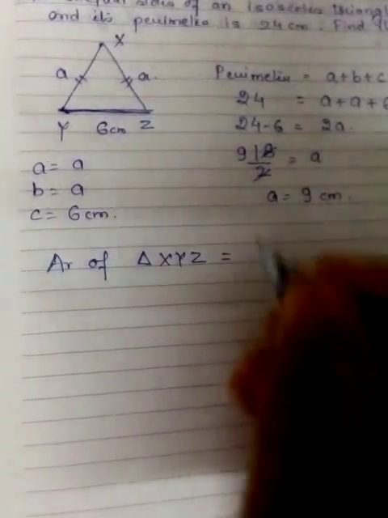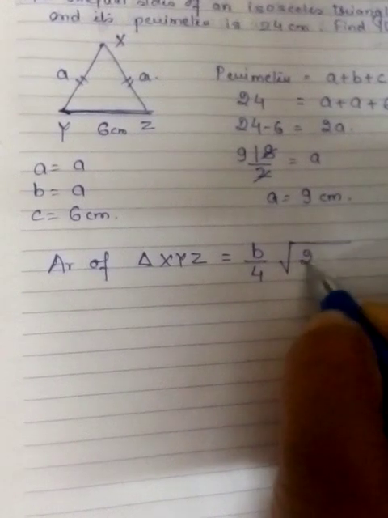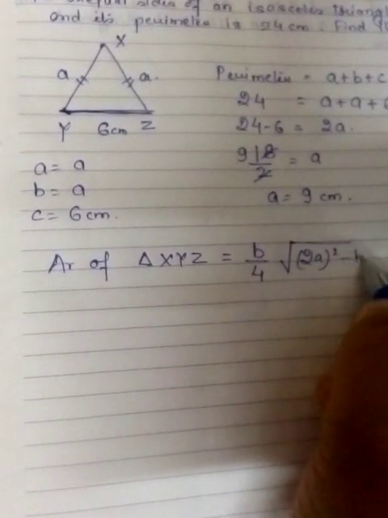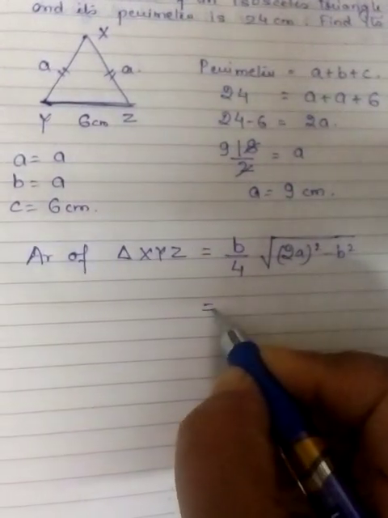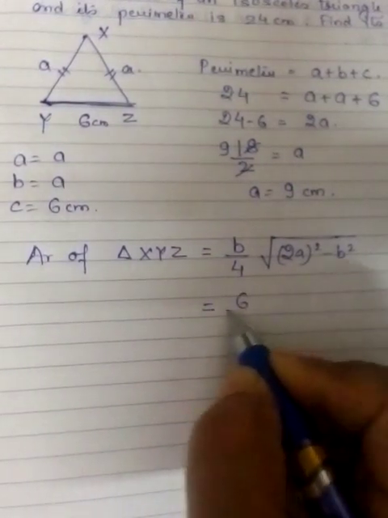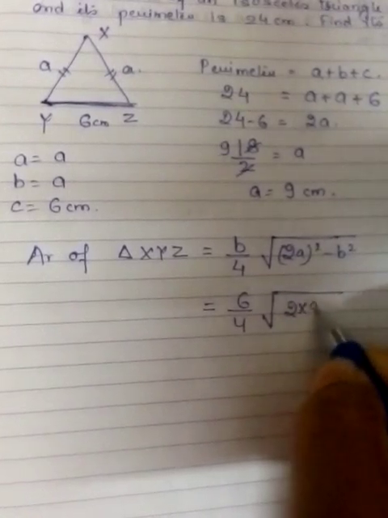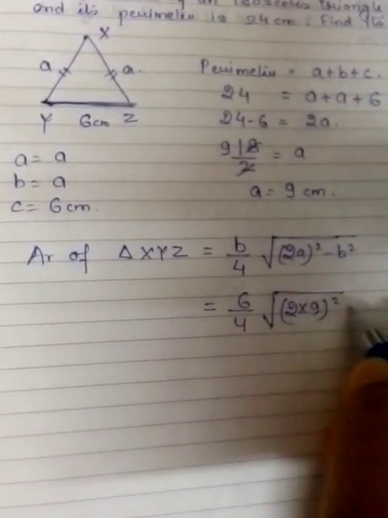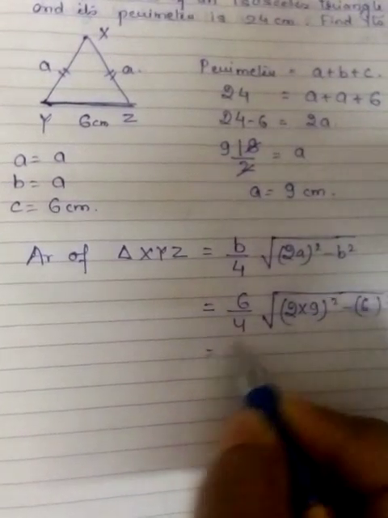So we have the formula, that is b by 4 under root 2a whole square minus b square. So our b is 6, so 6 by 4 under root 2 into a, where a is 9, whole square minus b, where b is 6, whole square. Let's solve this one.